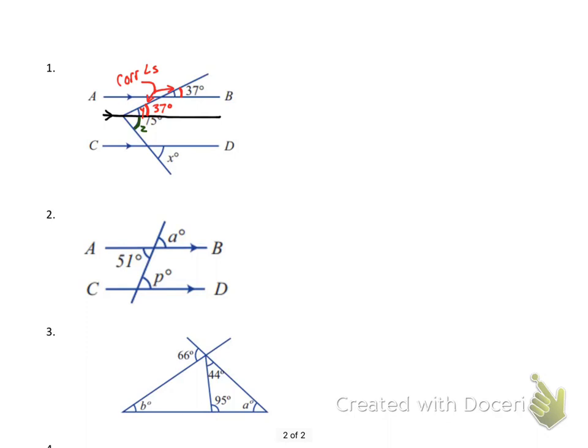So angle addition postulate tells me that, and I'll write this off to the side, my two smaller angles, which are Y plus Z, equal 75 degrees. I already knew the larger one, so I just put the 75 there. Y we already know as well is 37, plus Z equals 75.